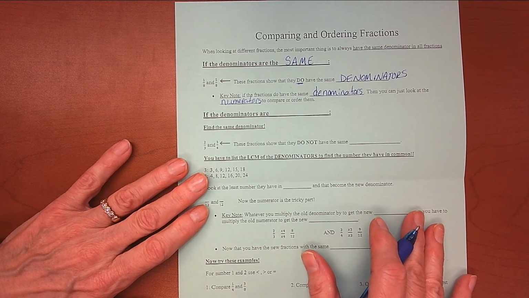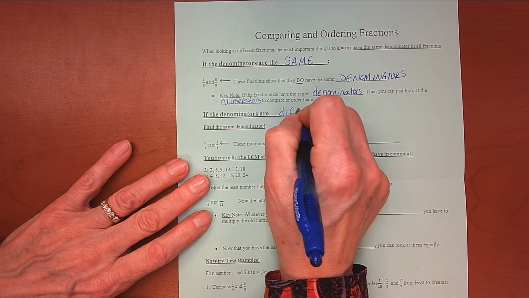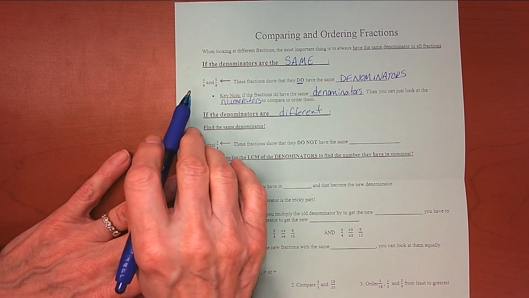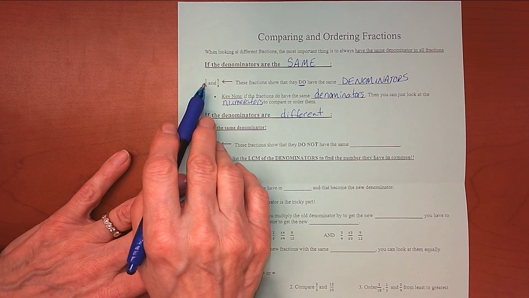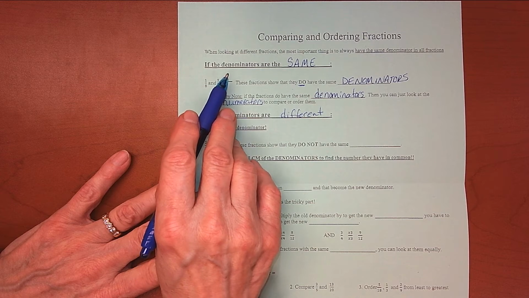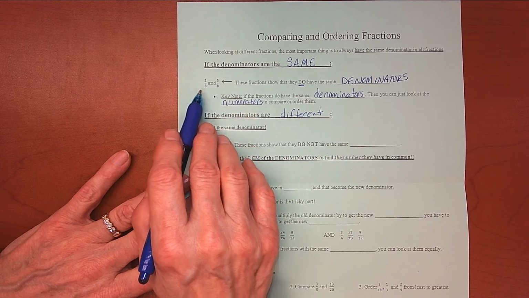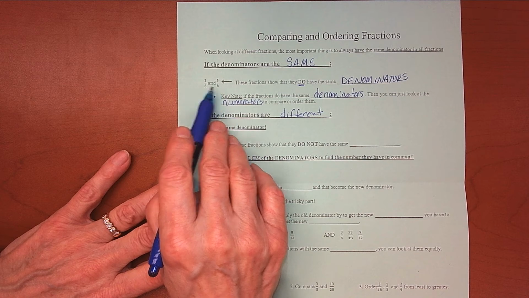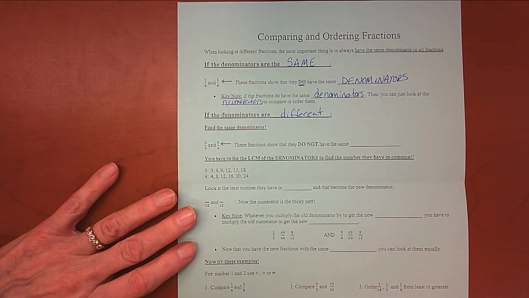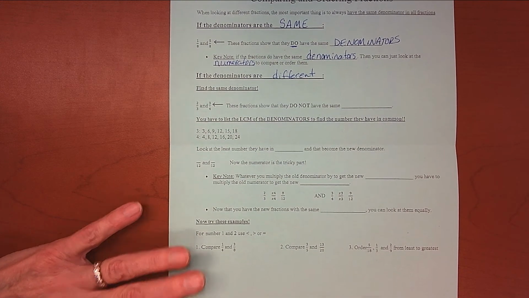So if the denominators are different, then we'll have to get common denominators. I'm going to bump back up here for a minute. So if I'm comparing two fractions, I've got 1/8 and 5/8 here. I know that 1/8 is smaller than 5/8 because they both have the same denominator, and 1 is a lower number than 5. Alrighty.